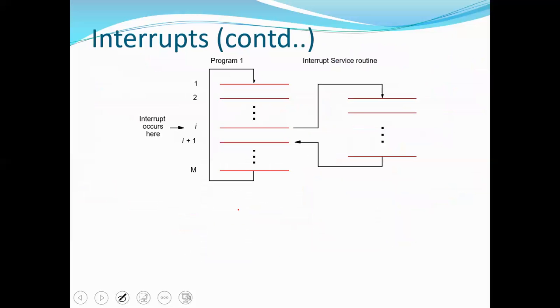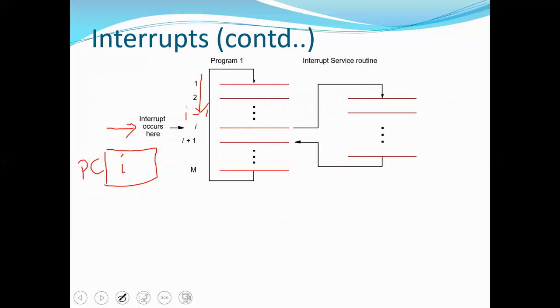We'll see here. So the same diagram, the interrupt has occurred at I. When the program is under execution, suppose at the I minus 1th location, the PC value will have the value I. The PC register will have the address of the next instruction to be executed.